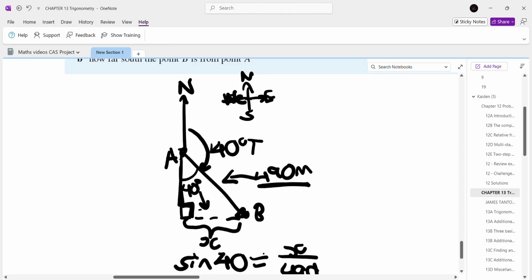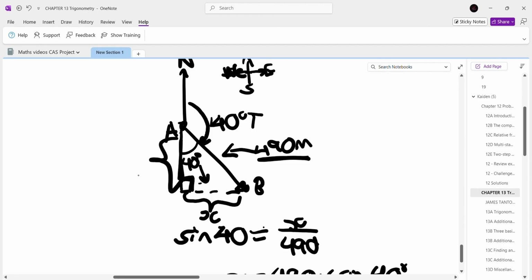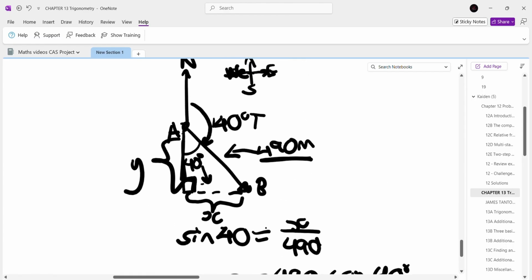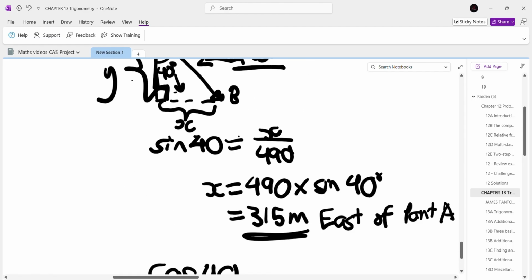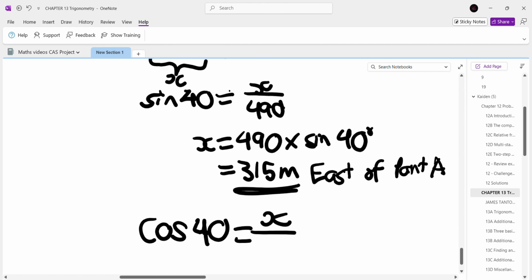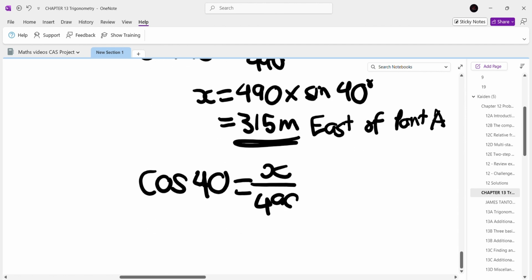Now, obviously, if we're trying to find how far south it is, we just need to find this value, y. So this time we'd be using cosine, not sine, because obviously we're trying to find the adjacent length right here. So the cosine of 40 equals y over 490.